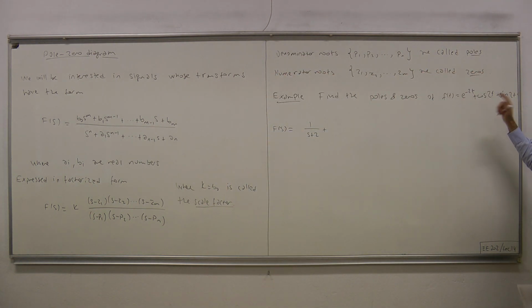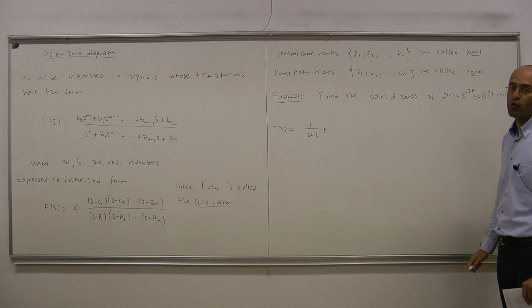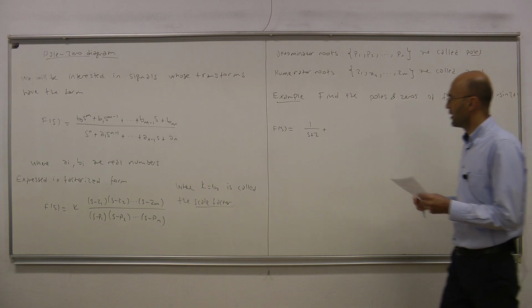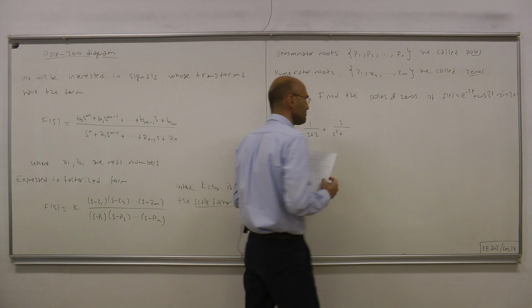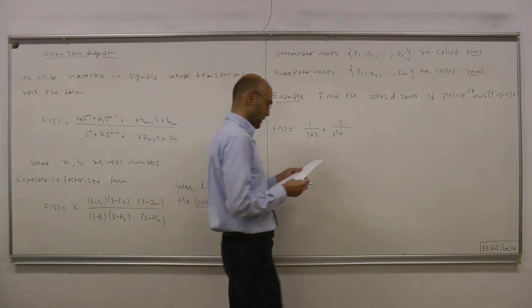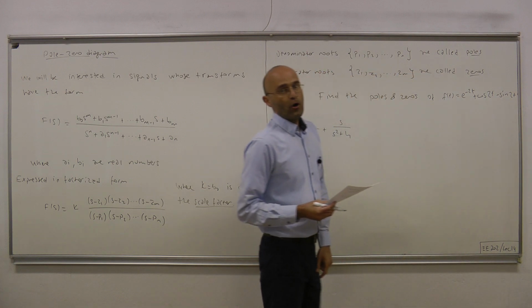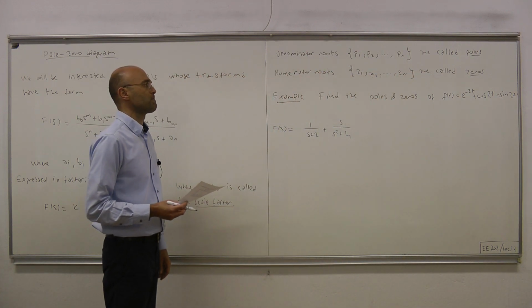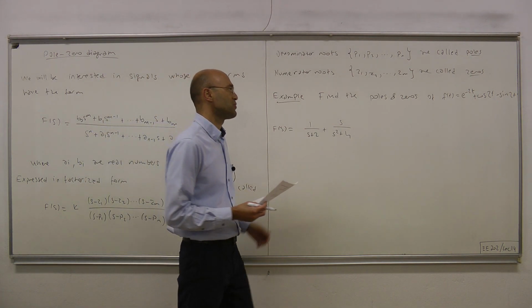And we have the cosine term here. The Laplace transform of cosine omega t was s over s squared plus omega squared. In this case, omega is 2. Therefore, we have s over s squared plus 2 squared, which is 4. And for the Laplace transform of sine omega t, we know that it equals omega over s squared plus omega squared.